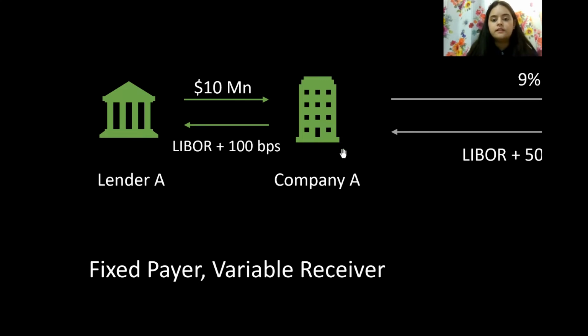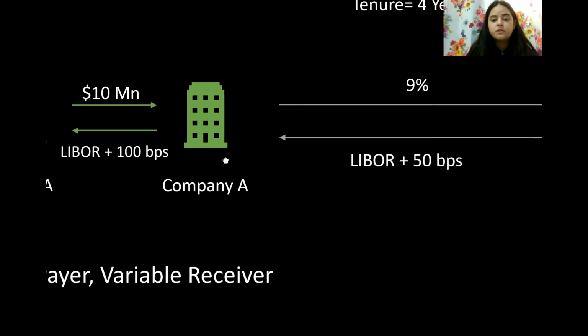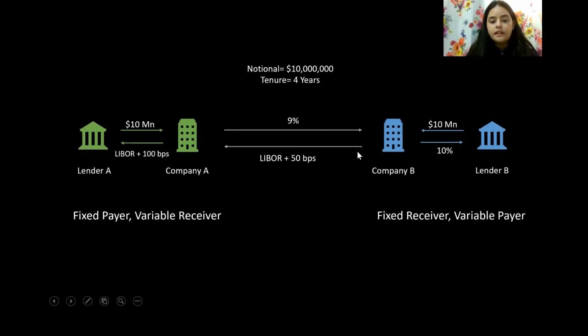So what it does is enter into a swap with company B in which it pays 9% and it receives LIBOR plus 50 bips. So there is a difference of 50 bips between the two of them, which is not too much looking at the scenario here.